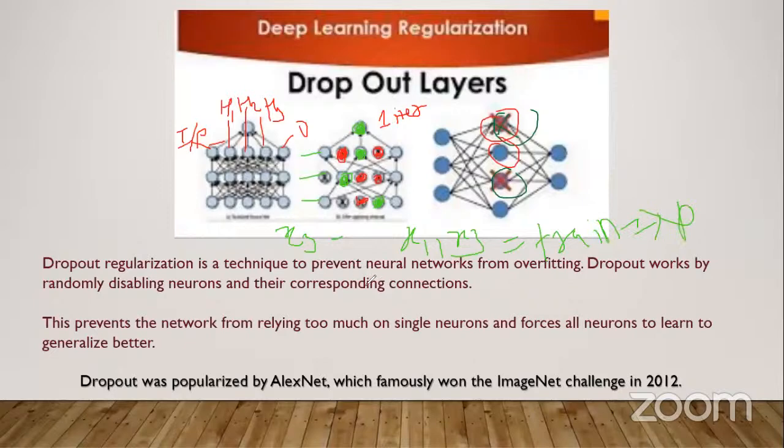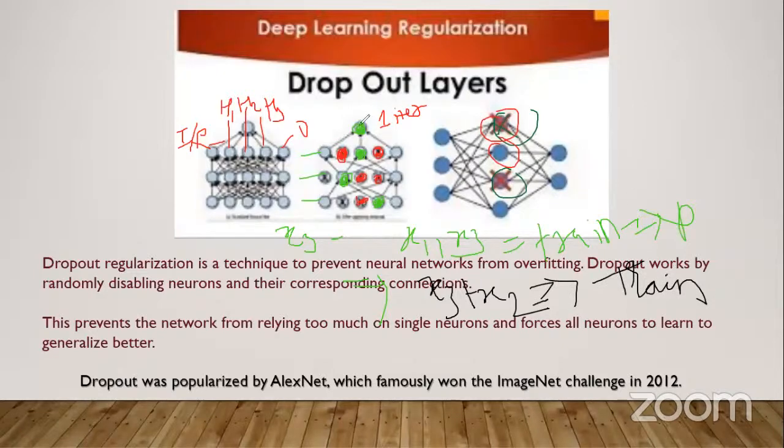Again in the second iteration, I take a combination of x3 plus x2 this time, and then train the neural network.